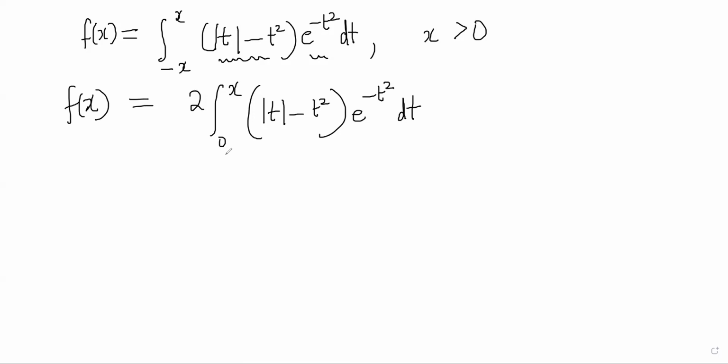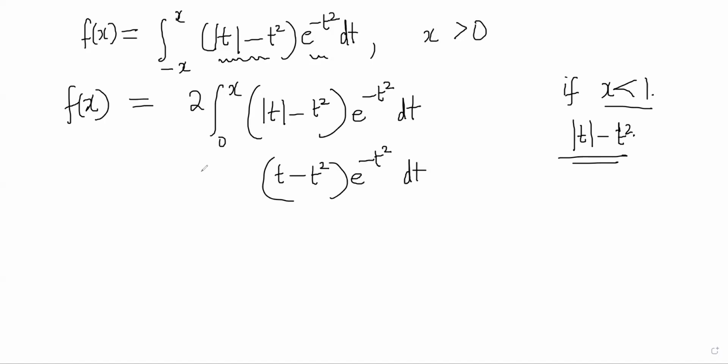Now, if x is less than 1, mod of t minus t square is going to be positive, because this is simply t minus t square, times e power minus t square, dt. Since we know that x is positive, t goes from 0 to x.